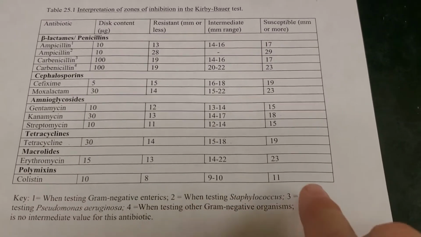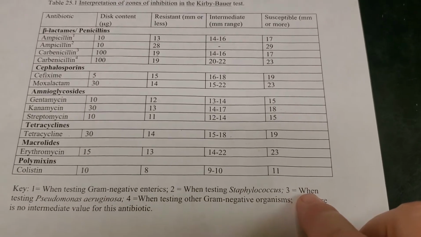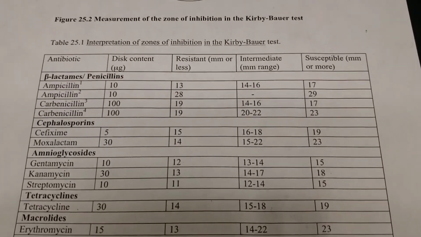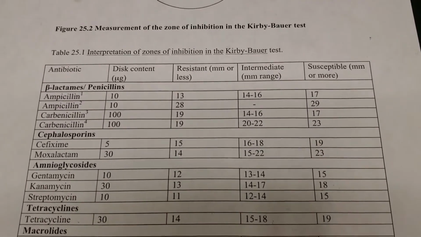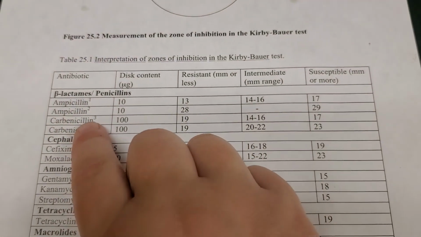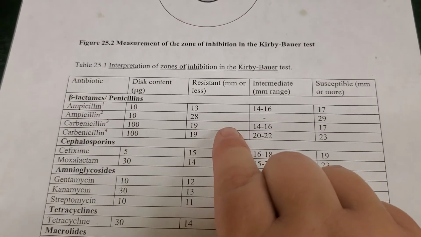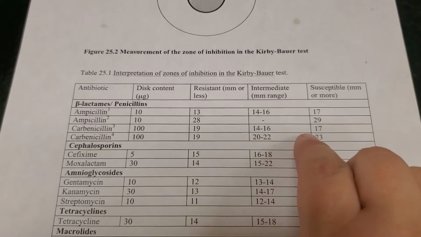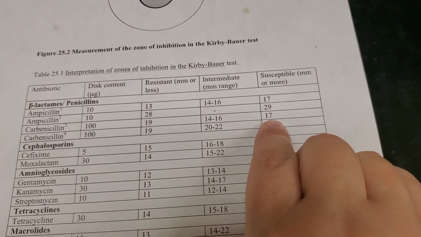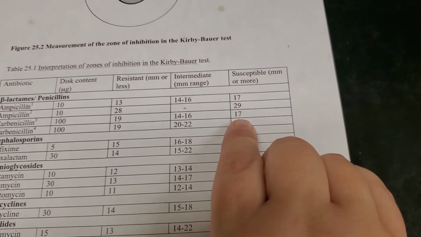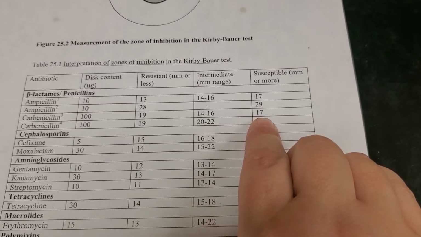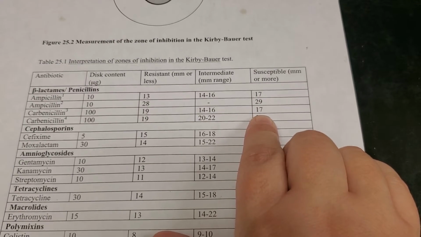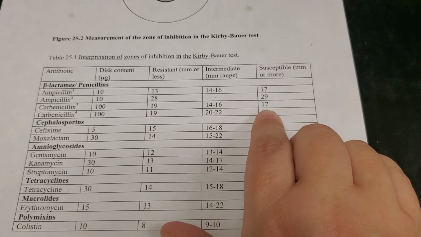But we can see that we have the subscript 3 when we're testing Pseudomonas aeruginosa, but we are going to be using that same interpretation for our Pseudomonas fragi. So for carbacillin, we have our subscript 3, and as we go over, we can see that our measurement of 18 is greater than the measurement of 17, the minimum value for which susceptibility is indicated for Pseudomonas for carbacillin.